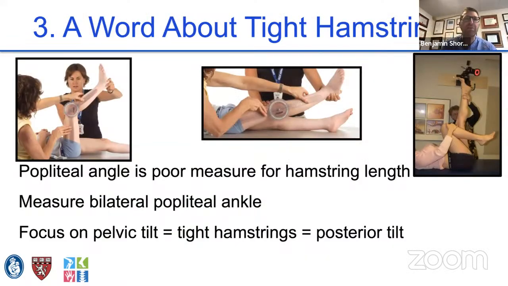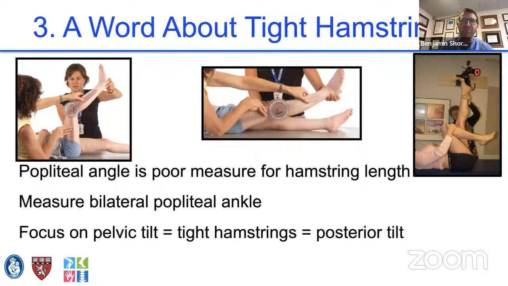So I think most people, when they see a child walking with their knees bent, go right to, well, it's a hamstring problem. So the hamstrings are tight. We use our popliteal angle as a measure of hamstring length. I do it myself. But in reality, it's probably not the most accurate measure of what's truly going on at the hamstring.